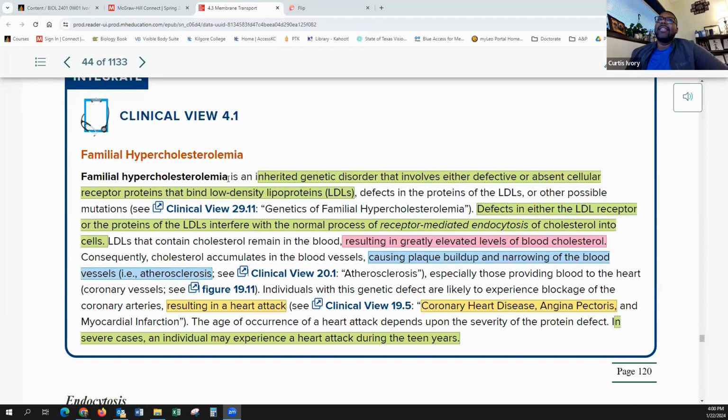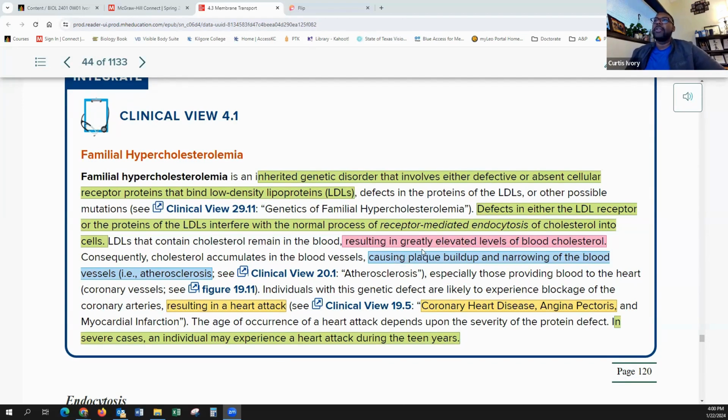However, in this type of disorder, there's a defect and that doesn't happen within the cells. Why is that a bad thing? If you're not able to break down cholesterol and fats, those lipids and cholesterol just stay in your bloodstream, which I have highlighted down here.